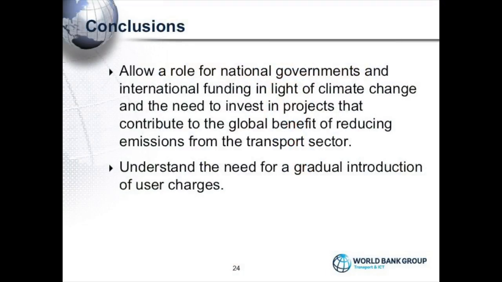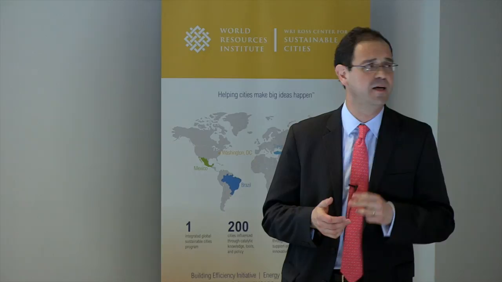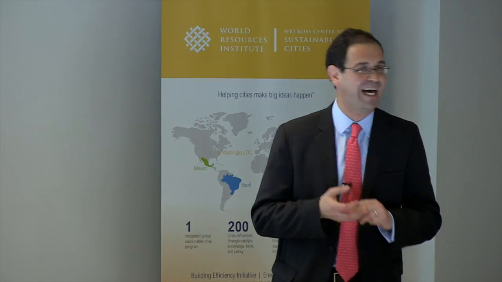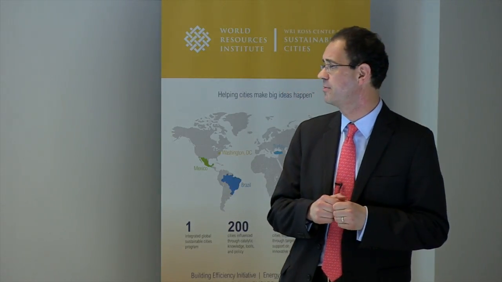Because national governments benefit from having cities that work, where the urban labor market works. And therefore, they should contribute. I was referring to the examples of Colombia, Brazil, Argentina, Mexico, France, Germany, the United States, among others, that have national or federal programs to support sustainable transport at the city level.